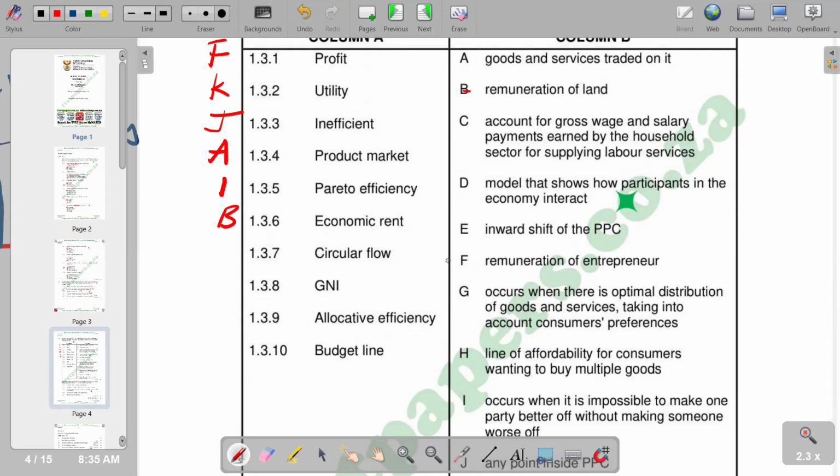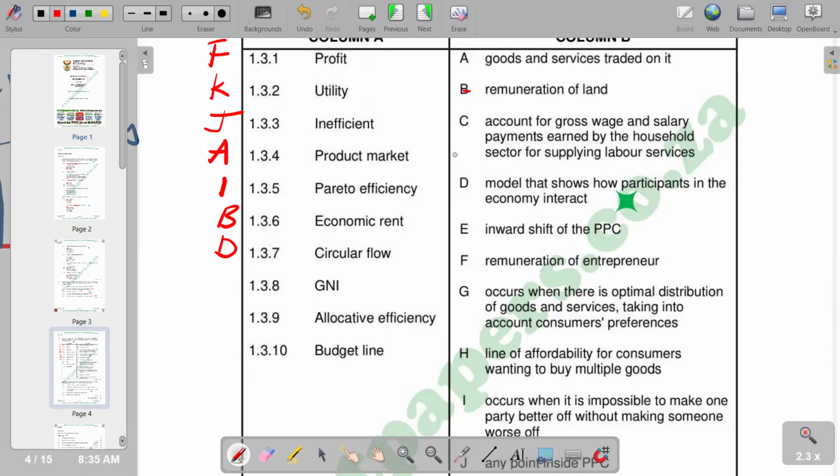Circular flow: we check which one is the model that shows how participants in the economy interact. Of course, we've got participants that are there, so we have D. Remember, what flows in the circular flow is the real flow or the money flow. Then we have GNI.